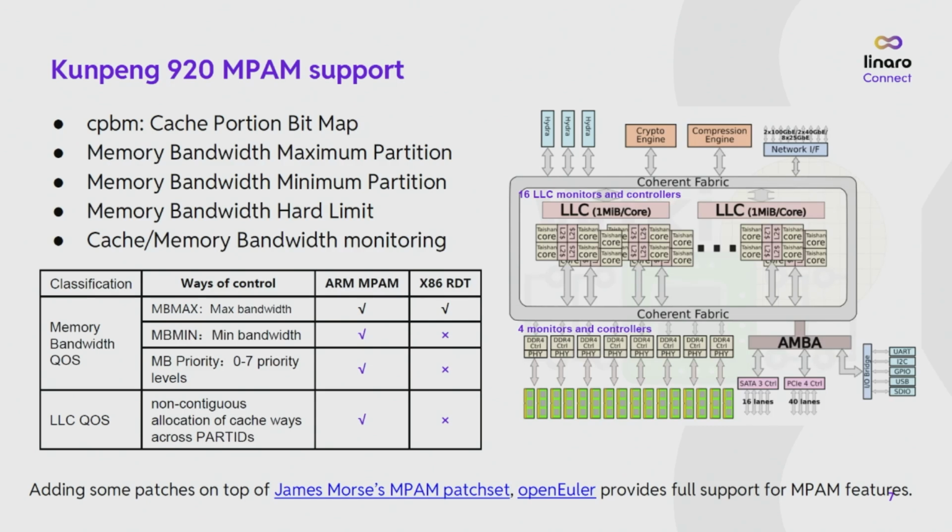I think there are some MPAM features that are useful compared to x86. For example, the memory bandwidth minimum, which is really useful. For x86, we have only the maximum bandwidth.